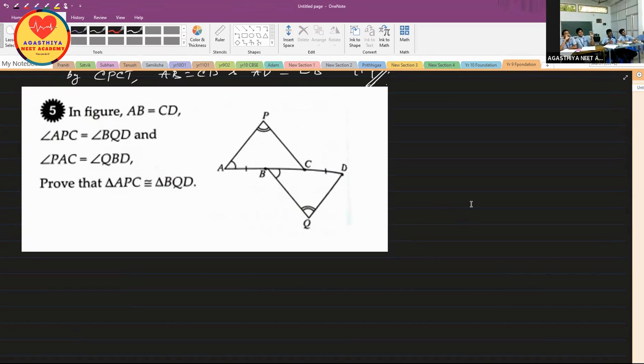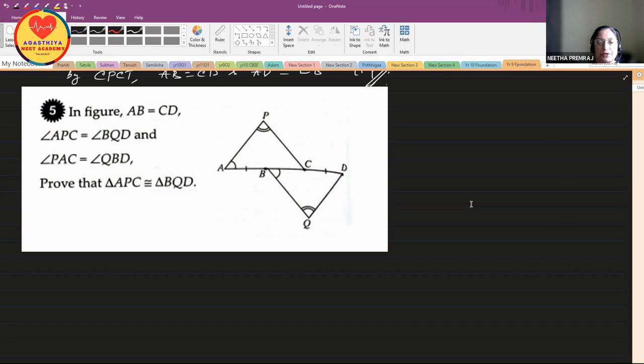In the figure, AB is equal to CD, angle ABC is equal to angle BQD, and angle BAC is equal to angle QBD. Prove that triangle APC is congruent to triangle BQD.